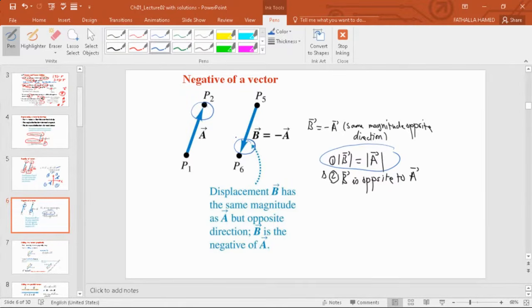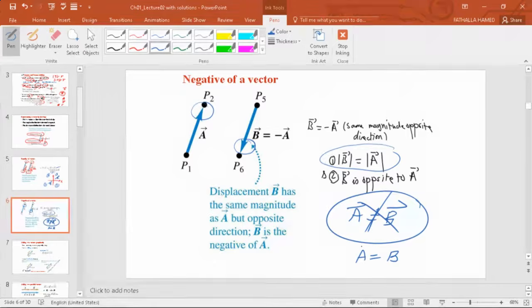They are in different directions, anti-parallel to each other. In that case, I cannot say vector A is equal to vector B. That's wrong. Okay. But I can say that magnitude A equals magnitude B. Here, I'm only talking about magnitudes. That's fine. Magnitude A and B are equal, but vectors A and B are not equal because the direction is not the same.